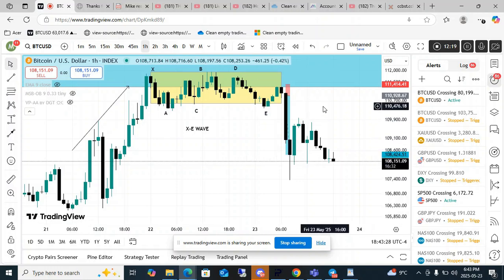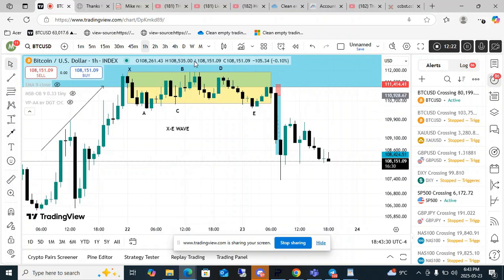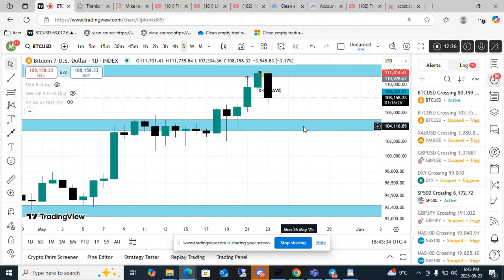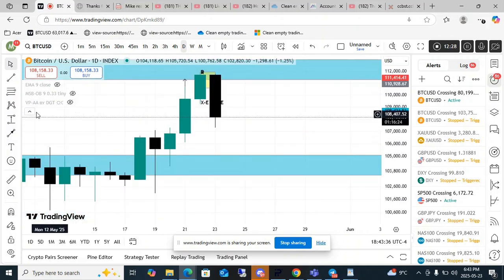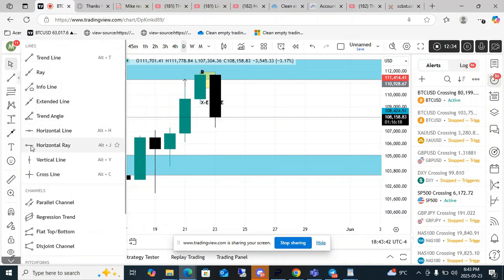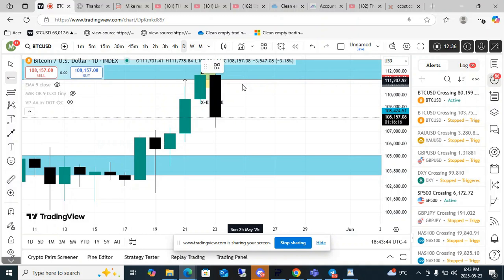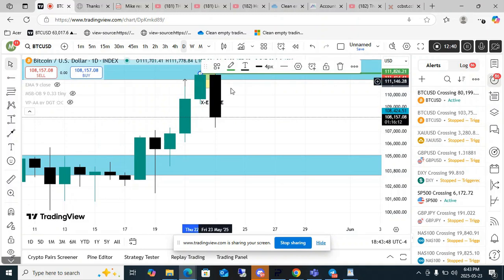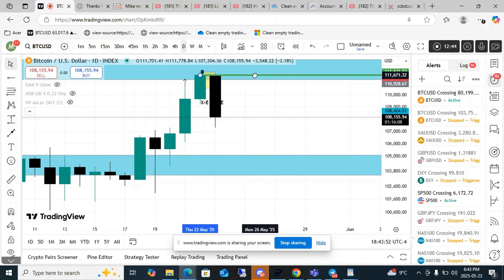I forgot to show you guys what I normally do. I normally mark out my previous day high and previous day low. That also helps me know my confirmation. So this is the previous day high when the candle closed.